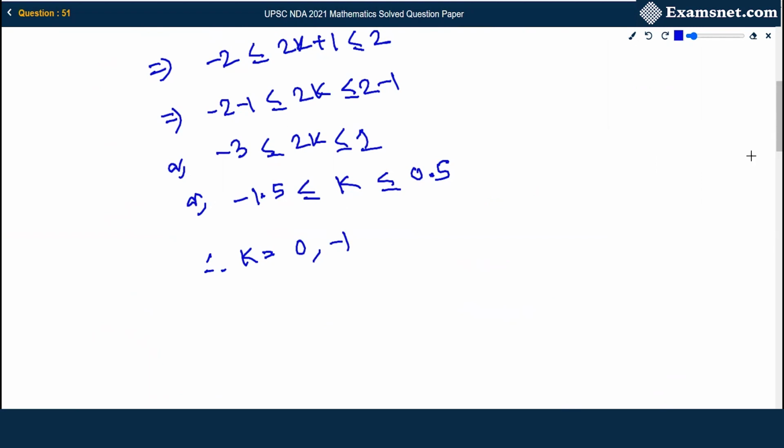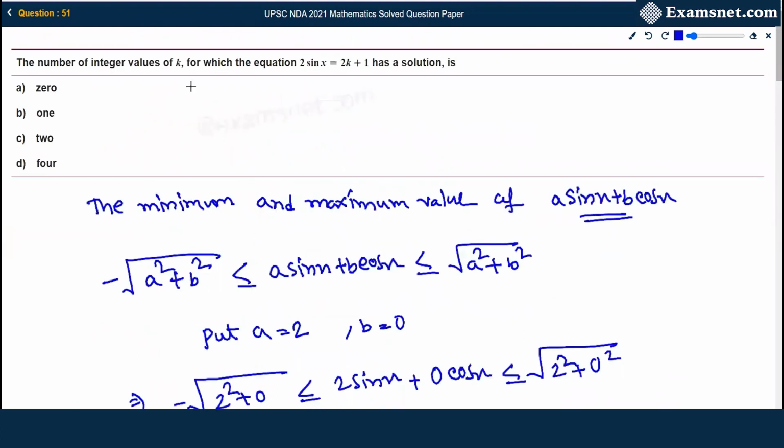So okay, two possible values we can see here: one is 0 and one is minus 1. That means the number of integer values of k for this equation is 2, that is 0 and minus 1. Here option C is the correct answer.